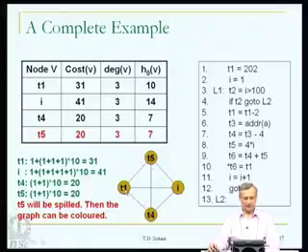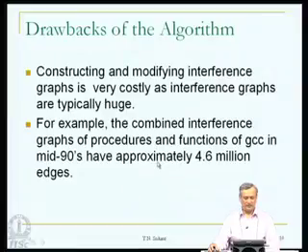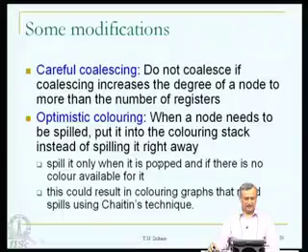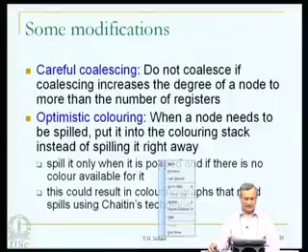Every time you introduce something on the stack, you are of course left with just these 3 nodes. These can be colored with 3 colors, but when you try introducing this, it will be connected to all others, and therefore, you need a 4th color for this. So, this is how we do optimistic coloring, and this is the end of the lecture on register allocation.